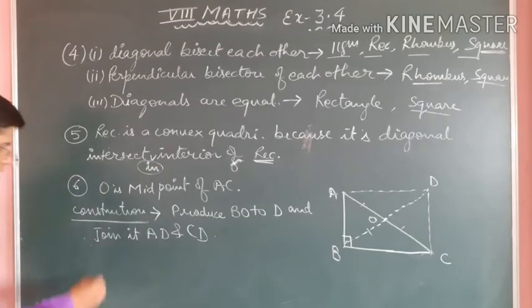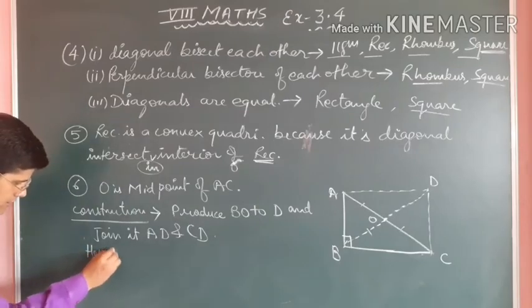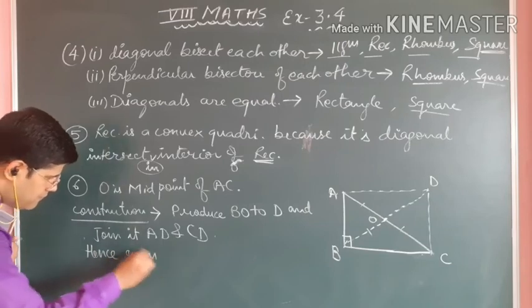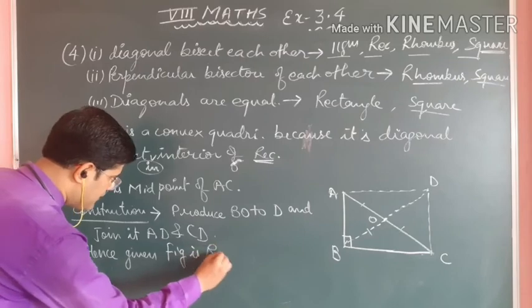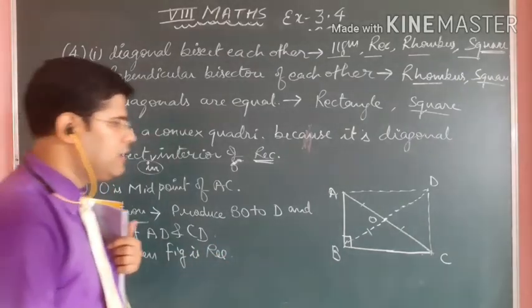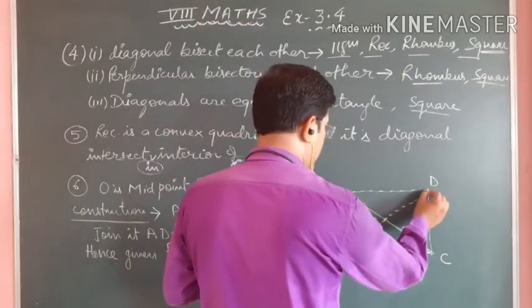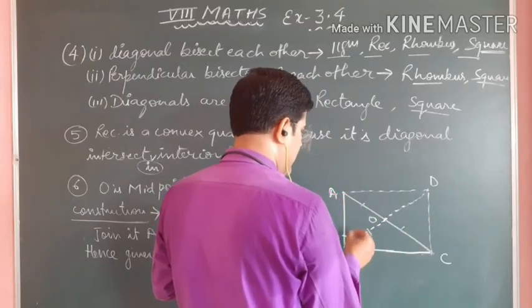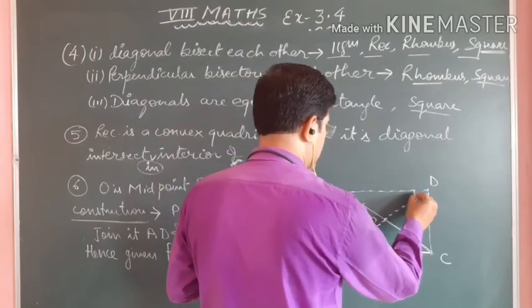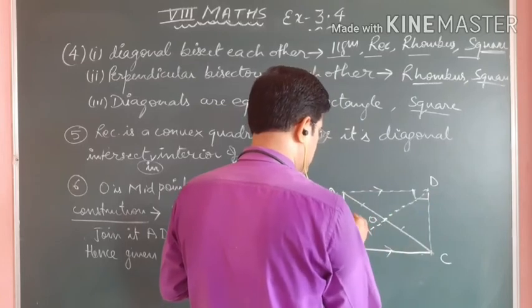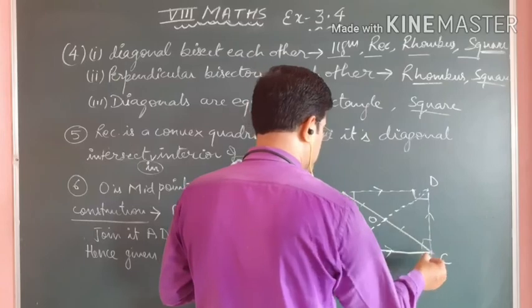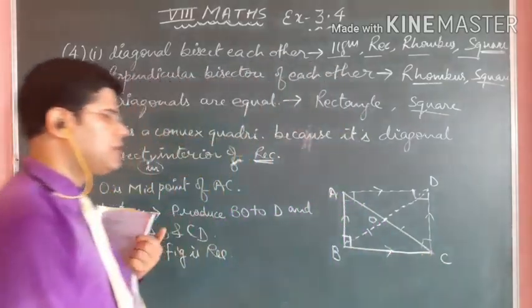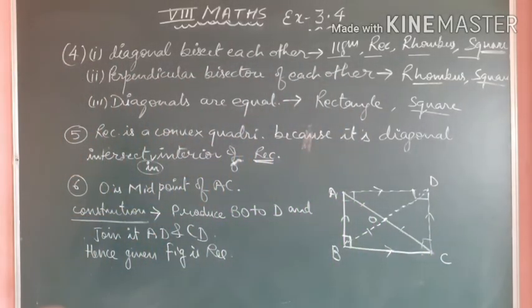Hence the given figure is a rectangle. Why is it a rectangle? Because when we produce this one to the other side and this one is a right angle, this will also become a right angle. Why? These lines are parallel, these lines are parallel. These are right angles and the remaining are also equal parts, so these are also right angles. So all of them together make a rectangle.